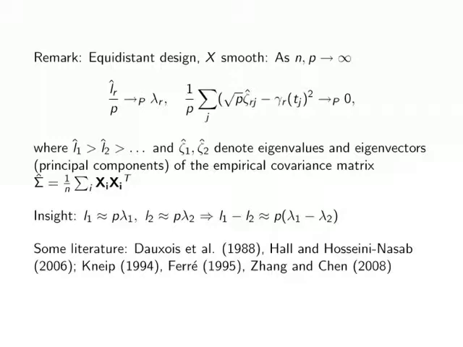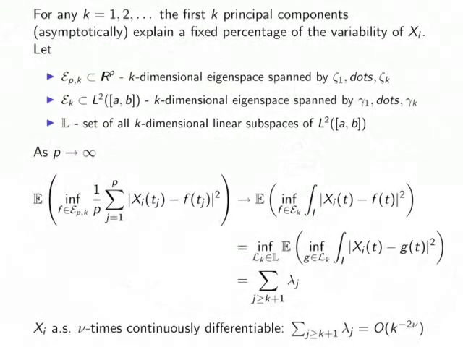And of course this also gives you a way to access this problem. This is again this thing with the best basis property. If you have, for example, the first k principal components, if they explain a certain fixed percentage of the variability of X, then the principal components give you the best k-dimensional linear space for approximating your observations.